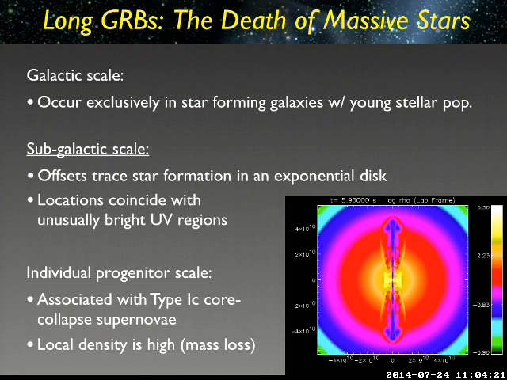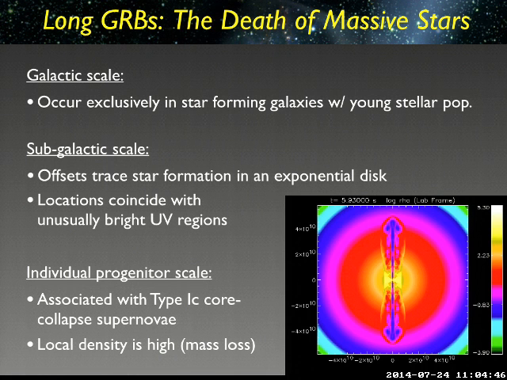And then on the individual progenitor scale, they're associated with type Ic core collapse supernovae. And that association is both for the nearby low luminosity GRBs, and now there's a growing population of higher redshift, kind of full-blown cosmological GRBs. So there are quite a few of those with spectroscopic follow-up. So that is, of course, I think the strongest piece of evidence.